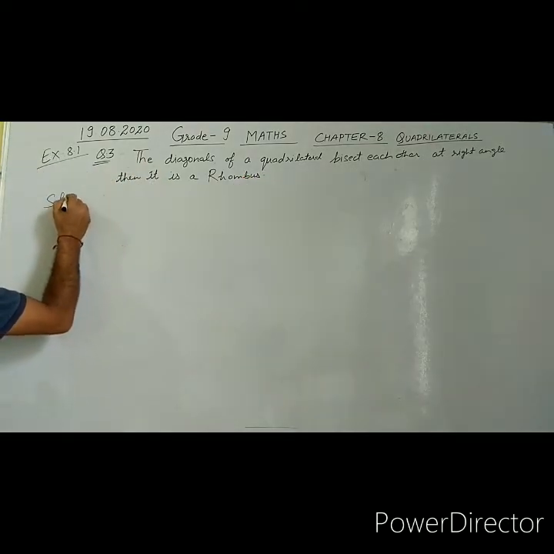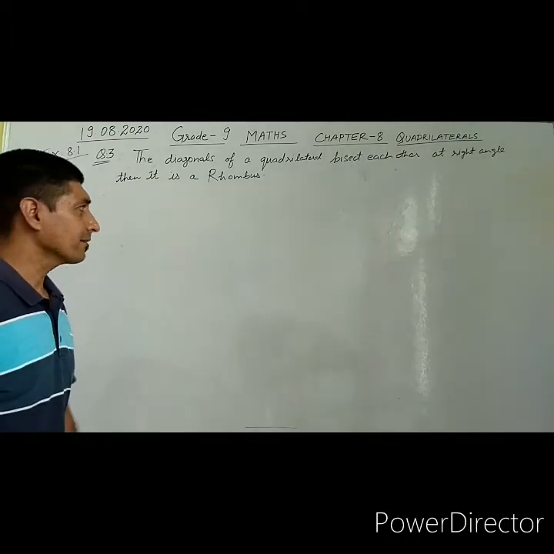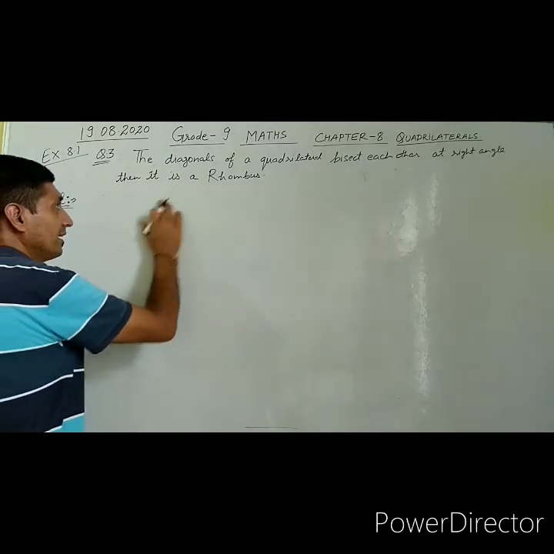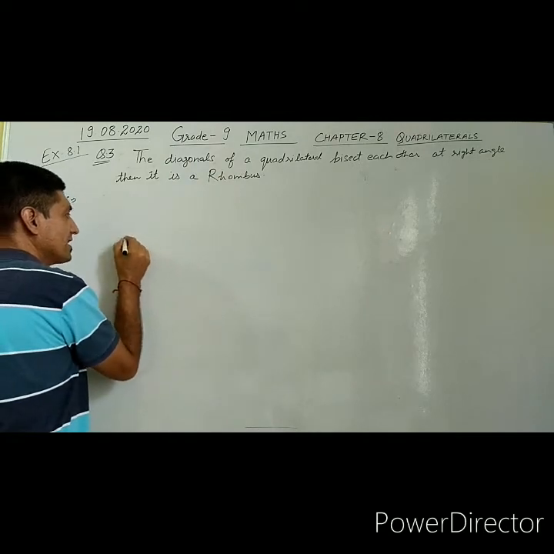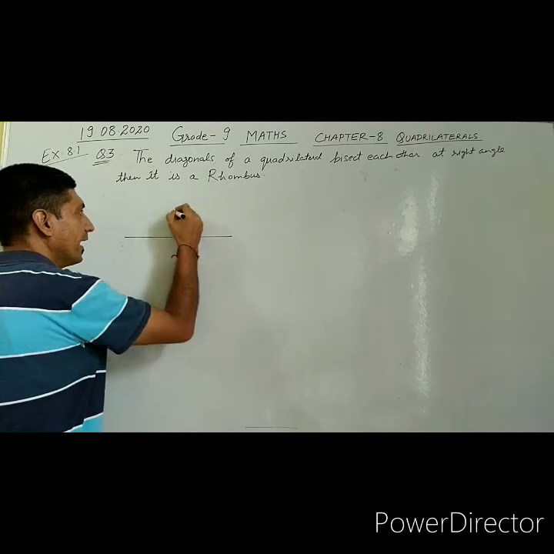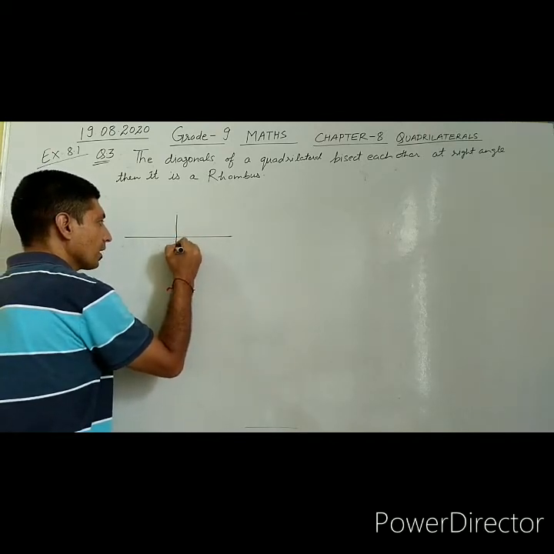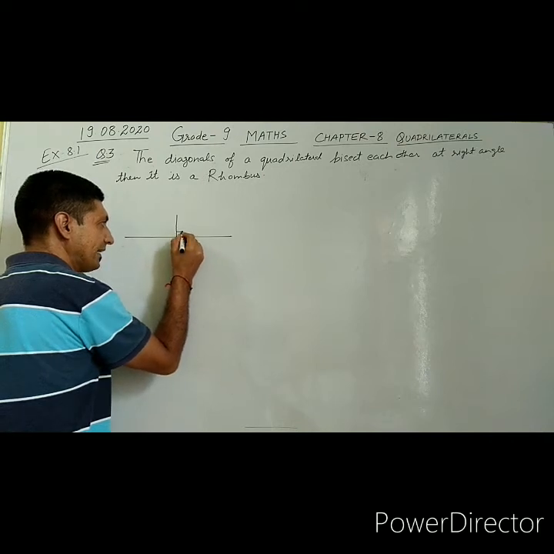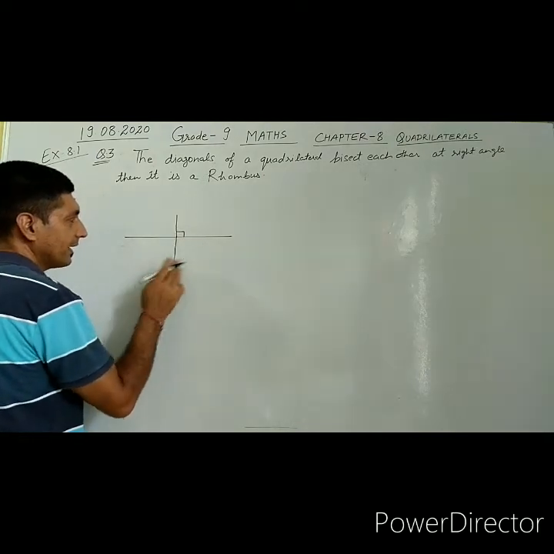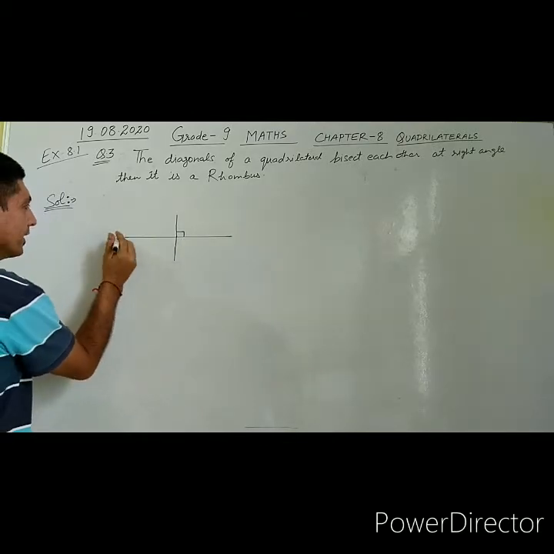First, we have to take the diagonals. Let one be AC, and let this be the midpoint, and another is BD. Here this angle is given as 90 degrees, and this side and this side are equal, right?